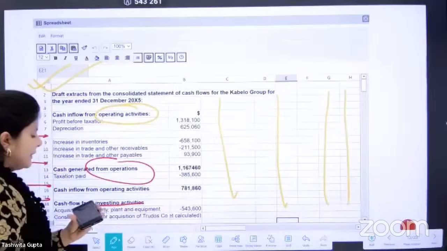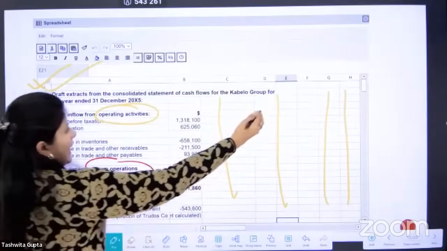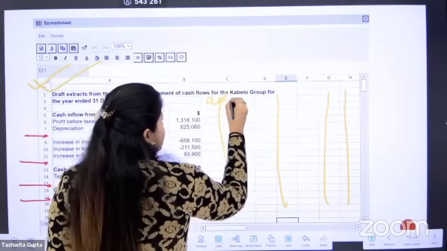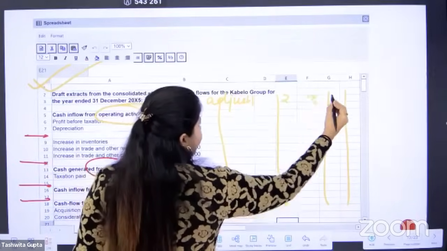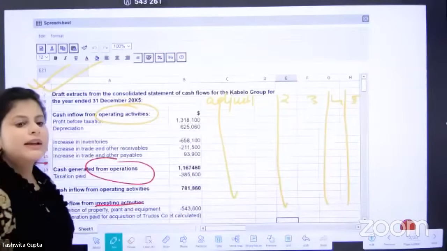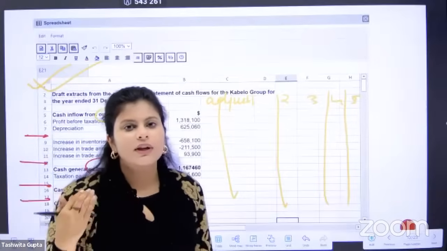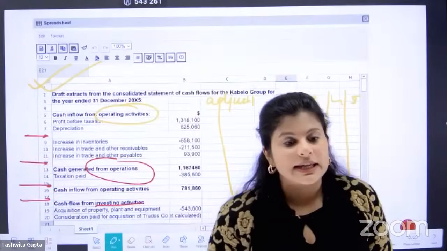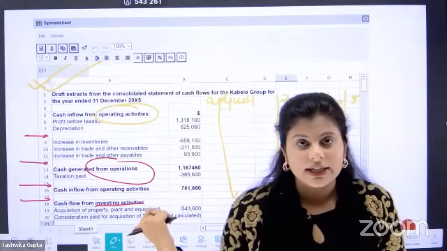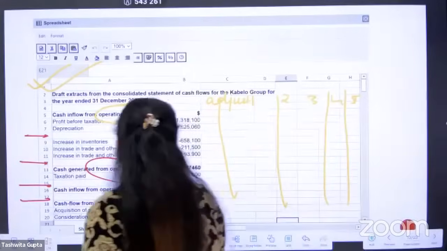So what I'll do, I use this area to do my adjustments. Adjustment 1, adjustment 2, 3, 4, 5. In the question, there might be something which is going wrong. I'll identify that mistake, and I'm supposed to rectify that mistake in my pre-populated spreadsheet. So I will make adjustments over here.